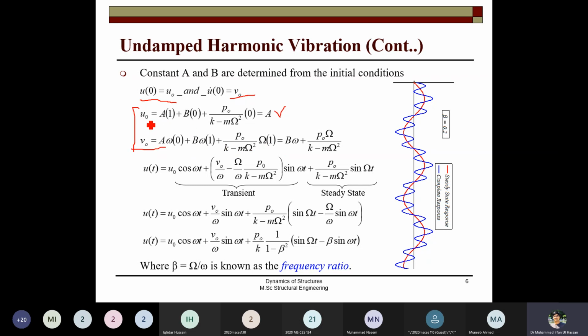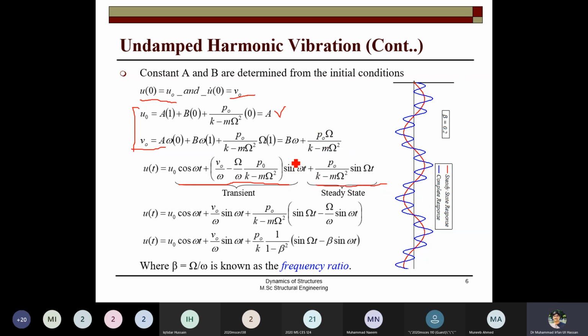So in the first case you can find A, and in the second case you can find B. In the second case, when the derivative is taken and v naught is the initial condition, you put down all the values, because the first two terms with A and B are the transient response, and the last term is the steady state response.